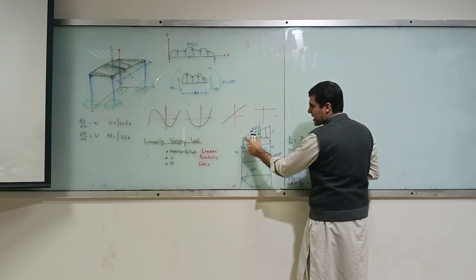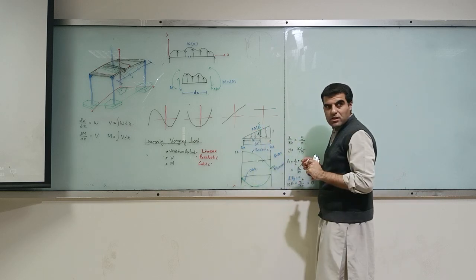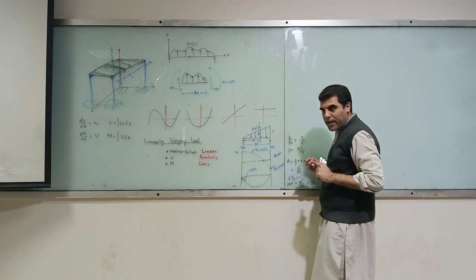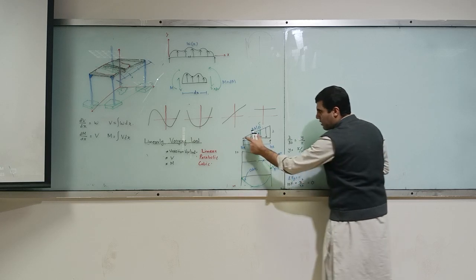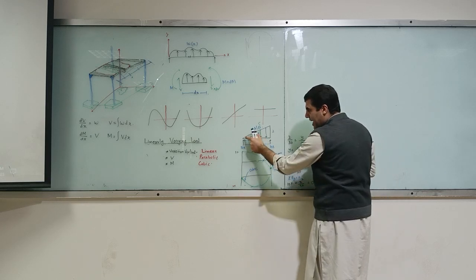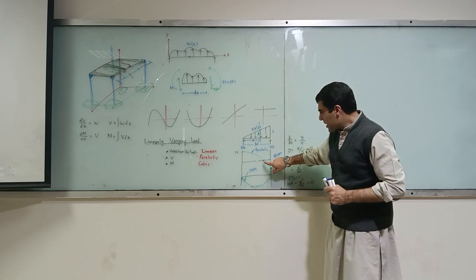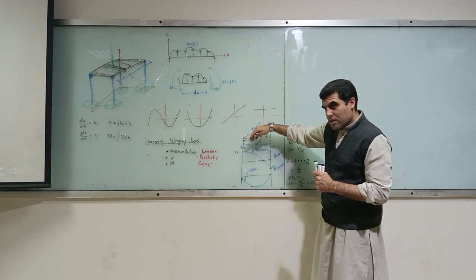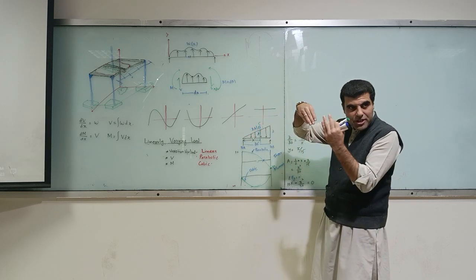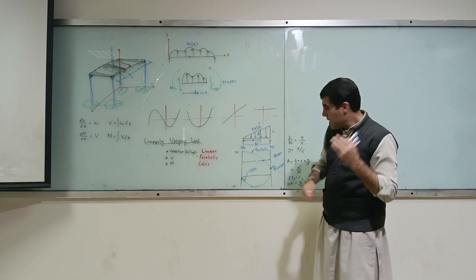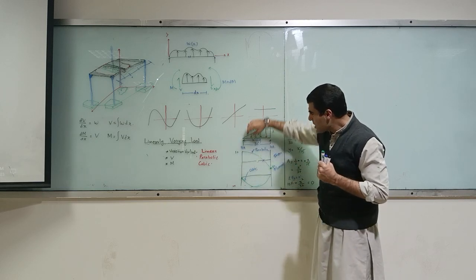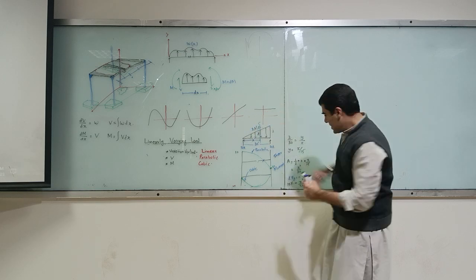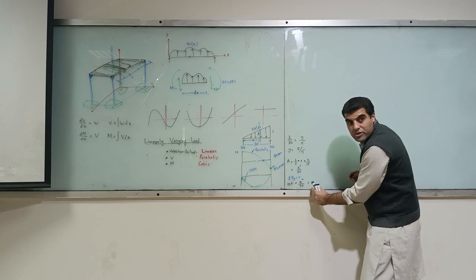First of all, find out a generic area of this triangle. So at a distance x, we find out y, and we find out the area of this generic triangle. The point where we will get zero shear, at that point all your summation of forces must be equal to 0. So 10 kip in this direction minus the load which is facing down, those two must be equal to 0.